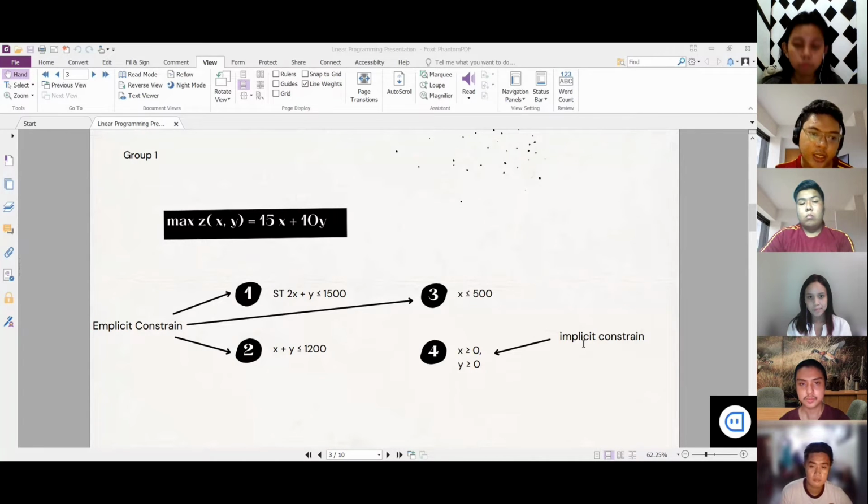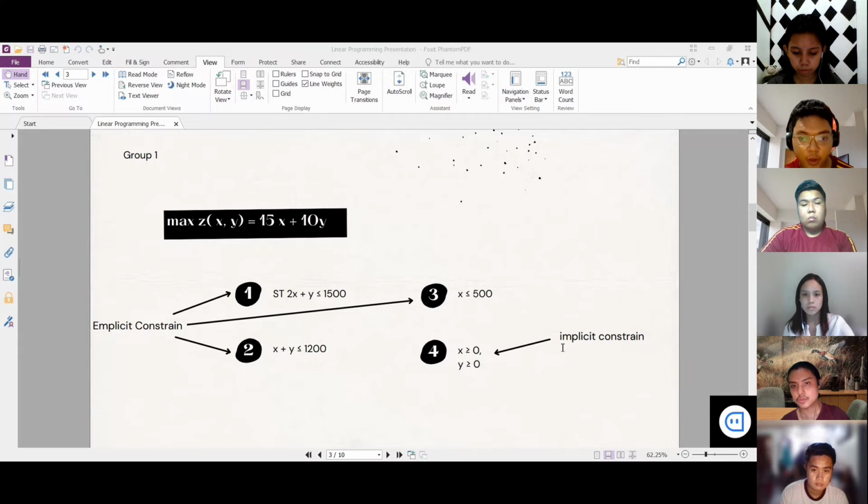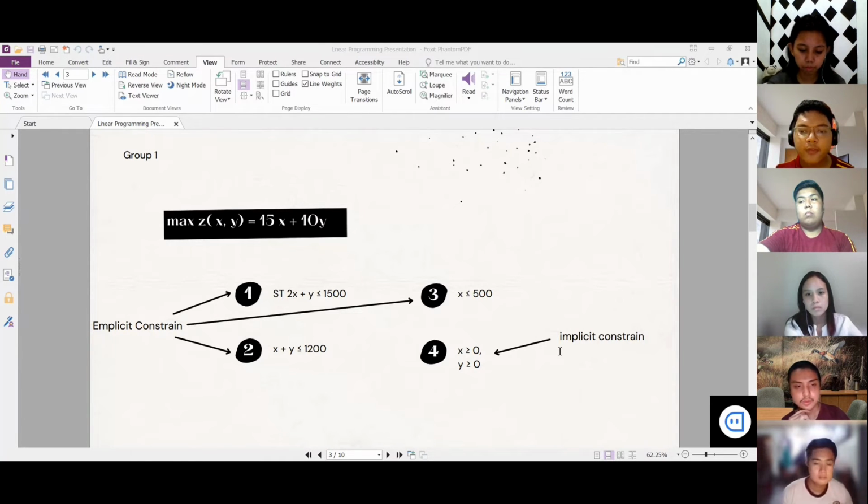We can see here that there is an objective function that focuses on the variable z, which equals 15x plus 10y, as stated in the table, which is the net profit per ton.